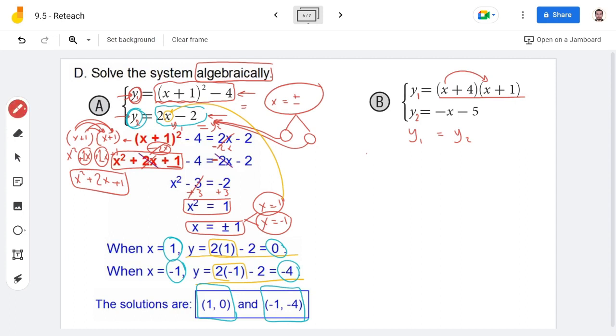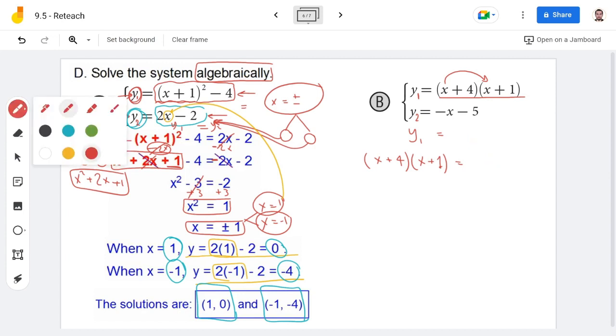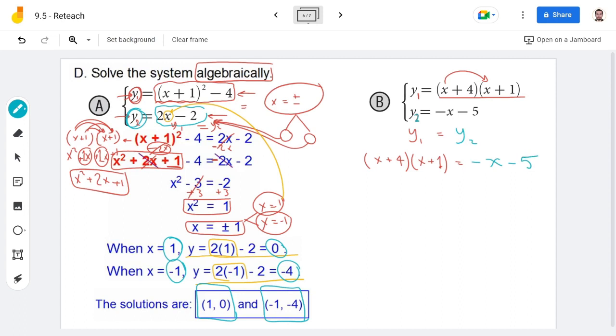So y1 is (x plus 4)(x plus 1), equal to y2. Let me change to a different color so it's easier to understand. This one is y2, negative x minus 5. Now I set these two equations equal to each other.